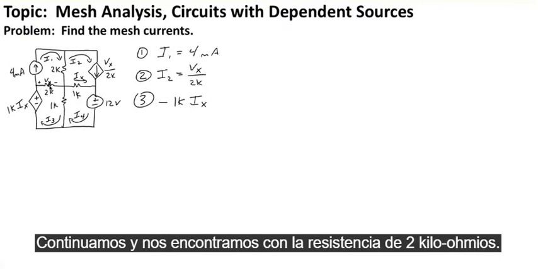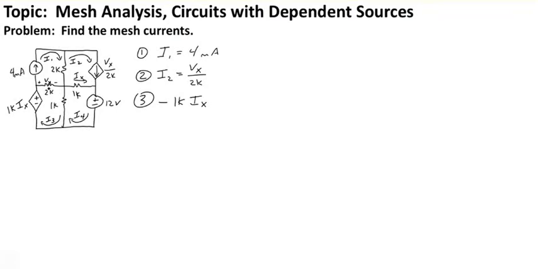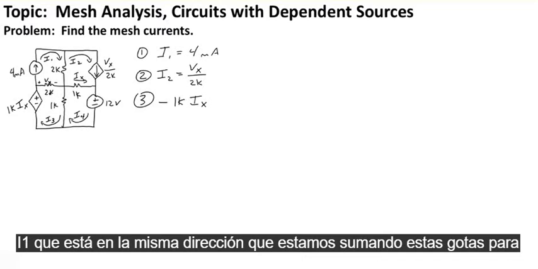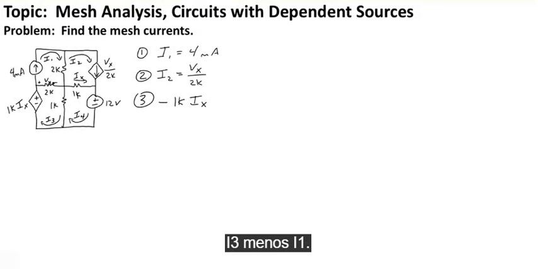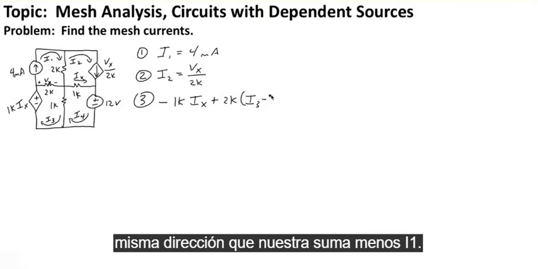We continue on and we run into the 2 kilo ohm resistor. We know the voltage drop for the 2 kilo ohm resistor is Vx, but it's also 2K times (I3 minus I1), since I3 is in the same direction we're summing these voltage drops. So we have 2K I3, which is flowing the same direction as our summing, minus I1.